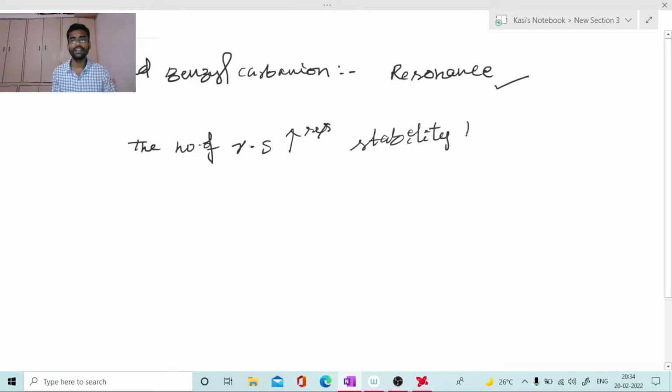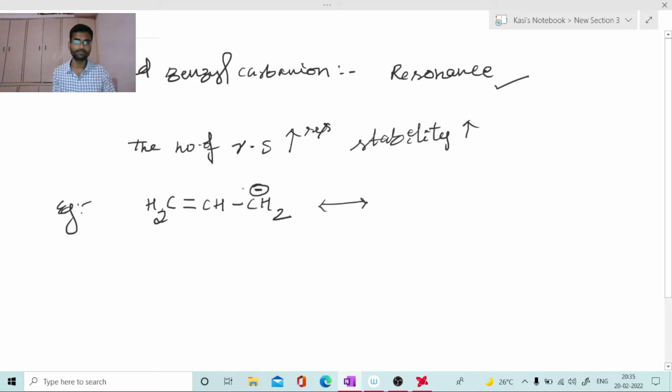See, suppose we take the example of allyl carbanion. We know the structure of allyl: it has a double bond and next a single bond. This type of compound is known as allyl. Here the negative charge is on the allyl carbanion. This allyl carbanion has one more resonating structure.